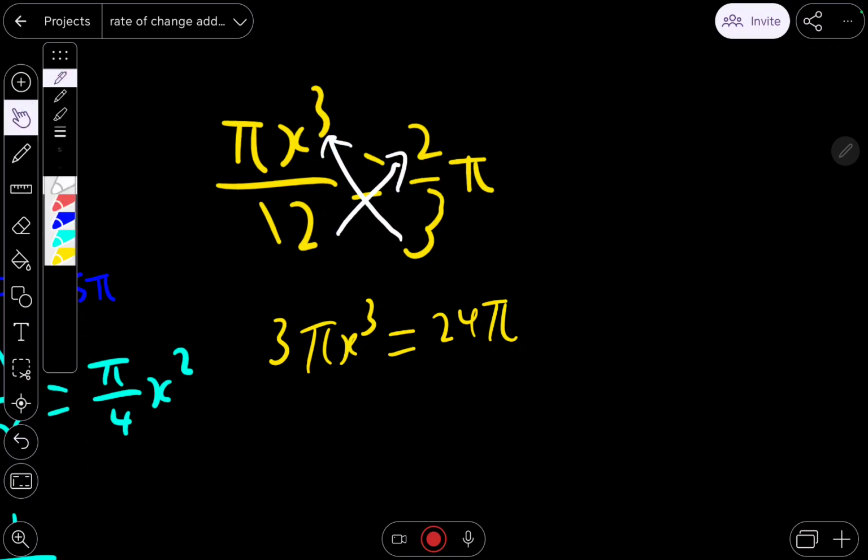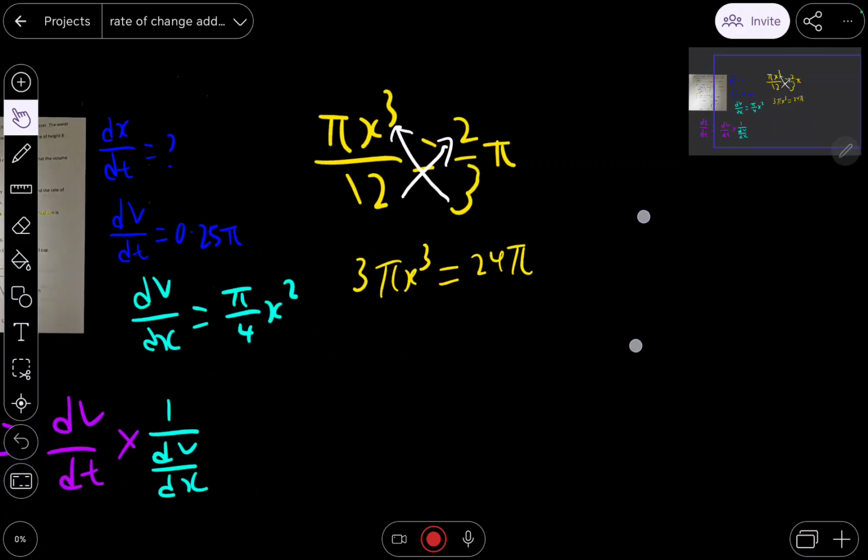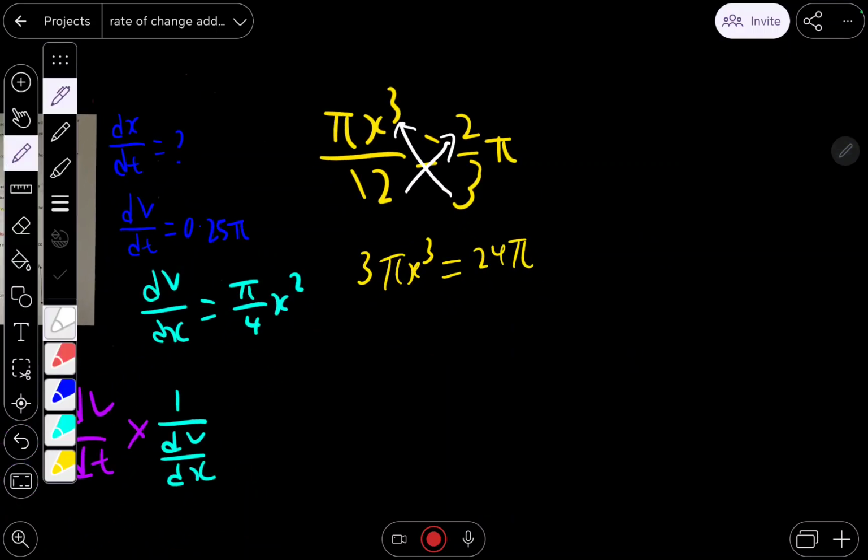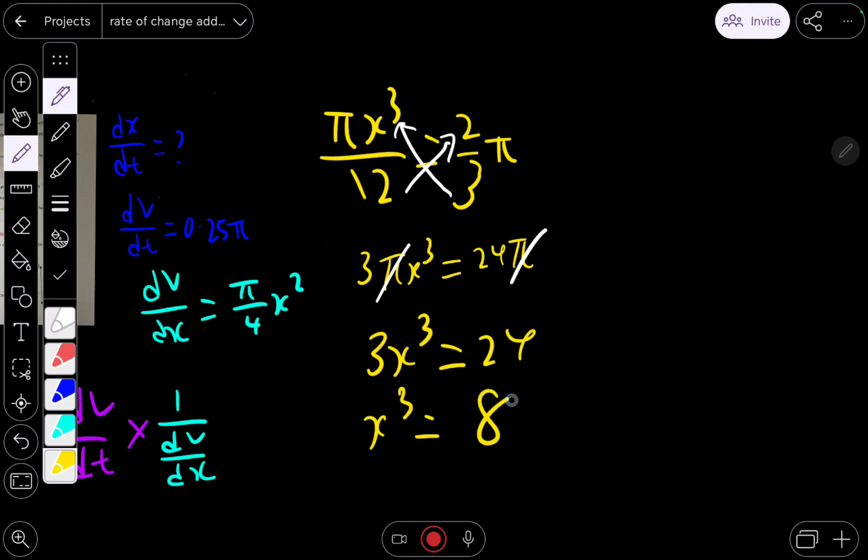Okay? Now our pi and pi can cancel, correct? So 3x cubed is 24. x cubed will be 24 divided by 3, which is 8. So x, which is cube root 8, therefore is 2.